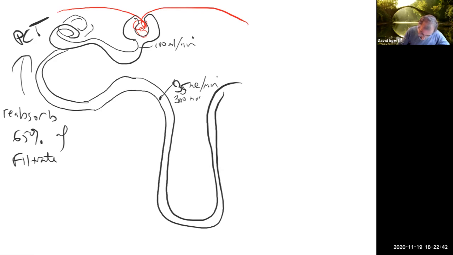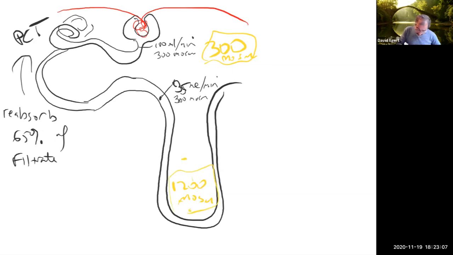300 milliosmolar. So now we've added in this other factor now, though, that just in the kidney, it's about 300 milliosmolar outside. When you get down here, it's about 1200 milliosmolar because of the property of that loop of Henle.